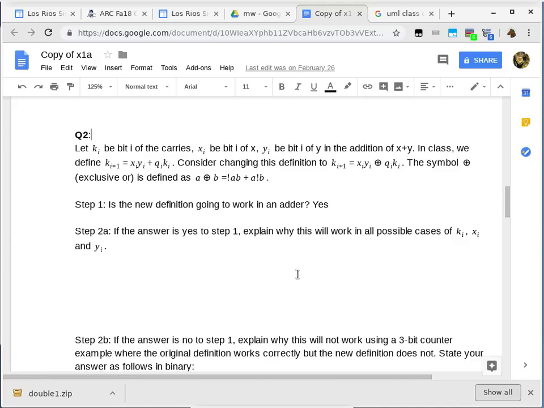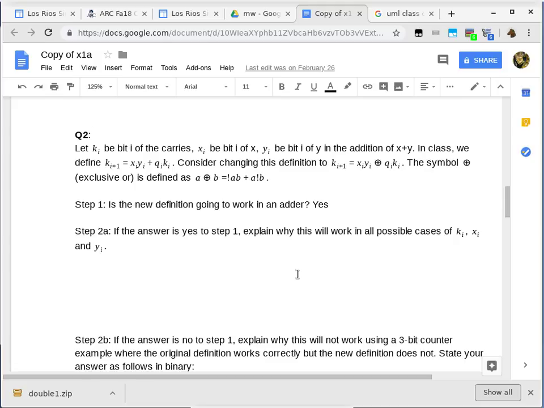So step 1 is, is the new definition going to work in an adder? Once again, your answer is either yes or no. If someone leaves this completely blank in step 1, I cannot give that person any points, because it's neither a yes nor a no. So 2a says, if the answer is yes to step 1, explain why this will work for all possible cases of k_i, x_i, and y_i.